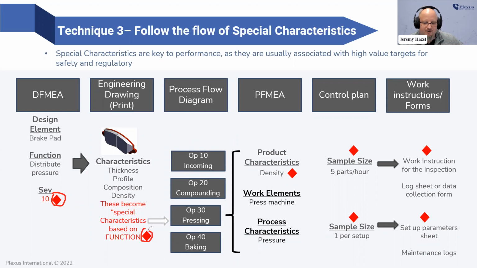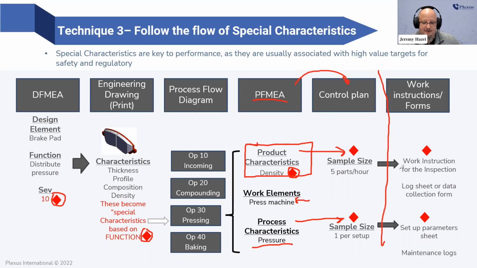See how the red diamond flows through all of these different steps? And when we have a product characteristic in the PFMEA, we can also look at the work elements like the press machine and identify process characteristics, which then also carry the same diamond as the product. This is the linkage from one to the other.